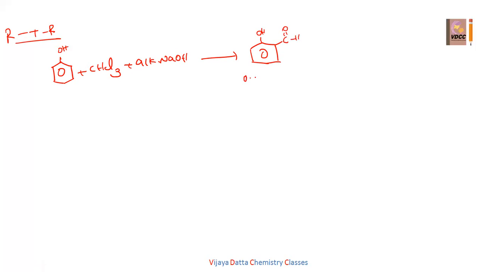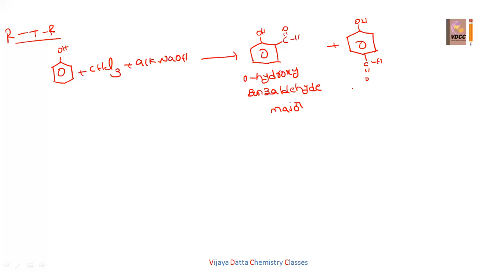This is called ortho-hydroxy benzaldehyde, and this ortho product will be the major product. Then it gives you the minor product also, that is para-hydroxy benzaldehyde.